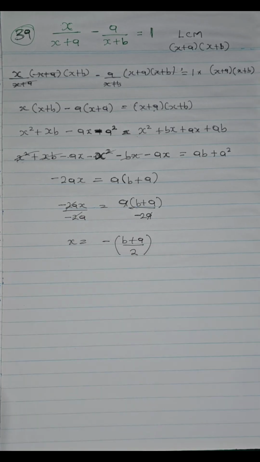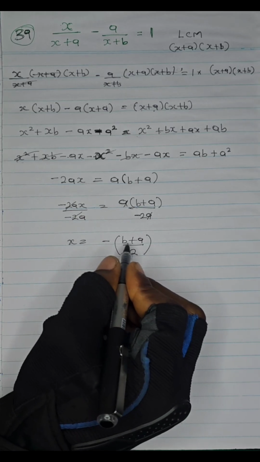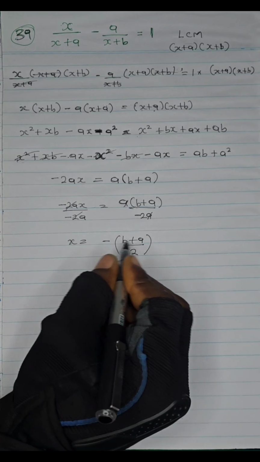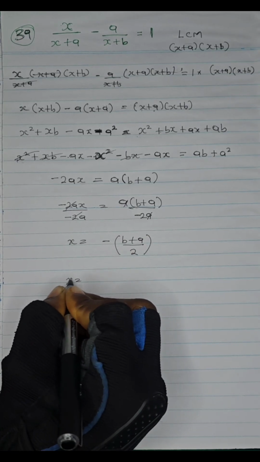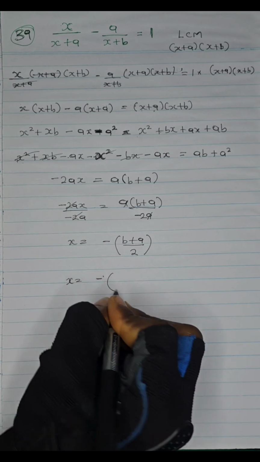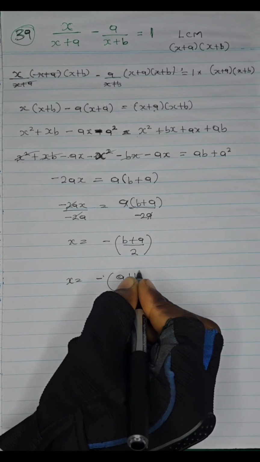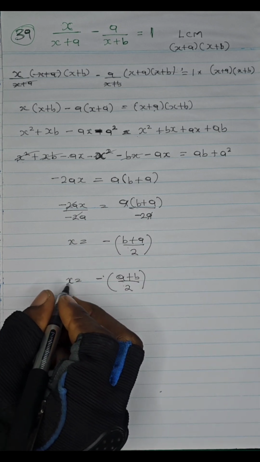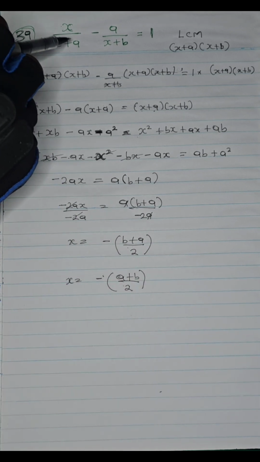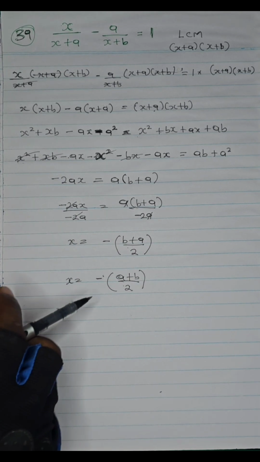The minus sign is multiplying everything. So it doesn't matter, if you check your answer, you're going to see that it doesn't matter if the arrangement is positive sign here, so you can write it as x is equal to minus a plus b over 2. This and this are the same, so this is it. When you make x the subject of the formula from this expression, this is what you're going to get.